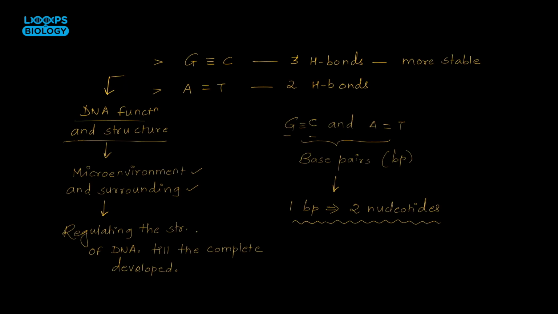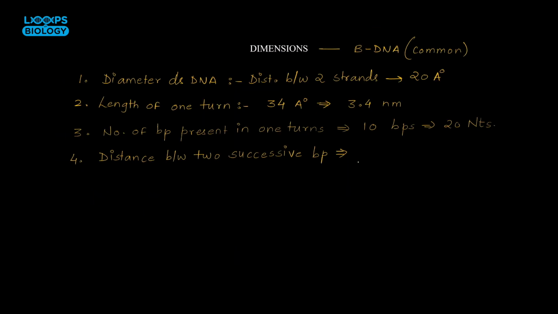So the distance between two successive base pairs will be 3.4 angstrom, or 0.34 nanometer. Got my point?